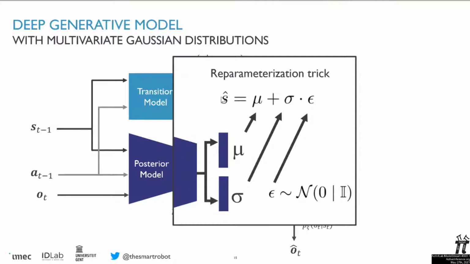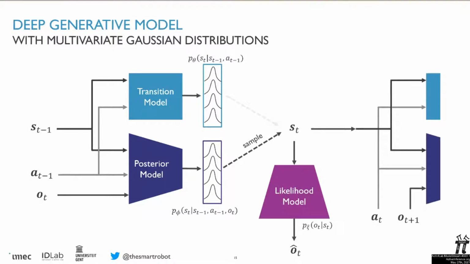So basically, we generate a sample by having the means and then add the standard deviation times some standard normal noise. And this basically allows you to backpropagate gradients all the way through this neural net, also if you draw samples from the models. And then, of course, for the next time step, you just propagate a sample, and then the story repeats, basically.